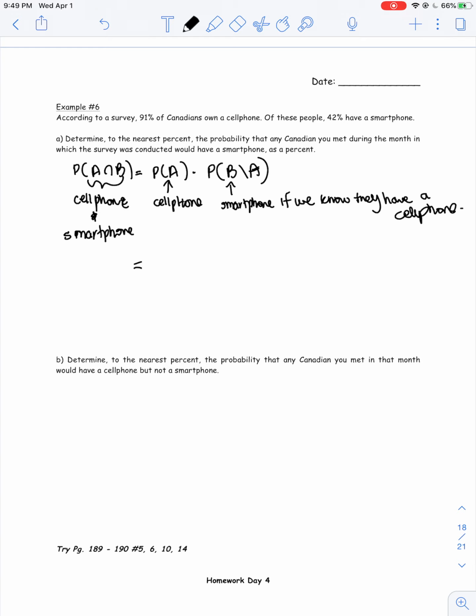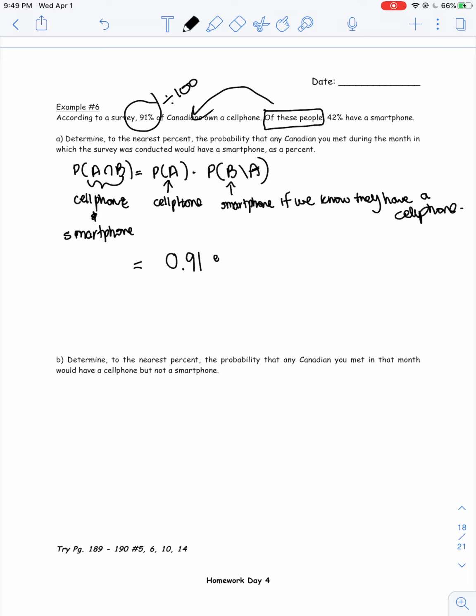So the math isn't hard because they're telling us that 91% of Canadians own a cell phone. So that's our probability of A. So we're going to write it as 0.91. So always take these percentages and divide by 100. And now being a smartphone, it's this phrase right here that tells us where this should go. Of these people, so meaning of these cell phone owners, 42% have a smartphone.